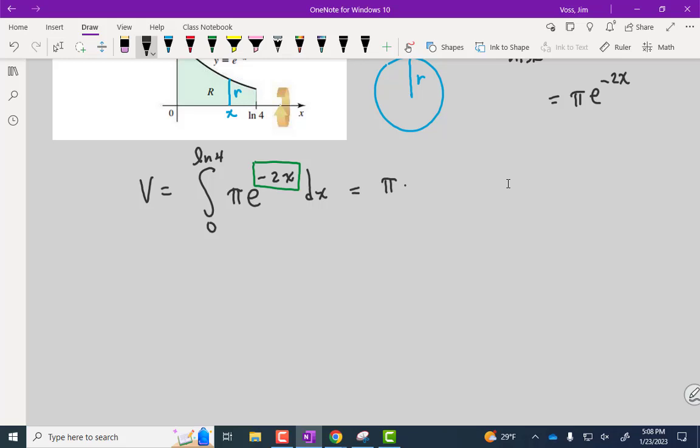So we just rewrite the function. If you were differentiating, you would multiply by negative 2. But since we are integrating, we divide by negative 2. So that is reverse chain rule, RCR, and that works when the substitution is linear.